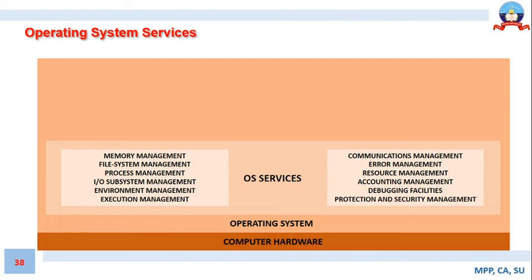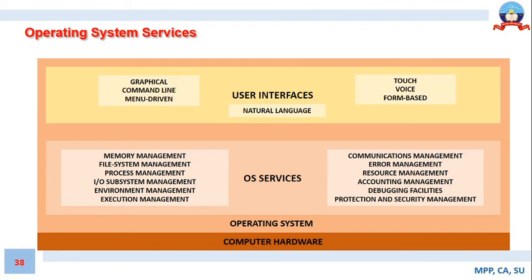A user is supposed to avail the services in order to use the computer hardware for performing certain business. That can be done through a well-defined operating system user interface, which allows the user to avail the various operating system services that make use of the hardware in order to perform certain purpose-specific business.